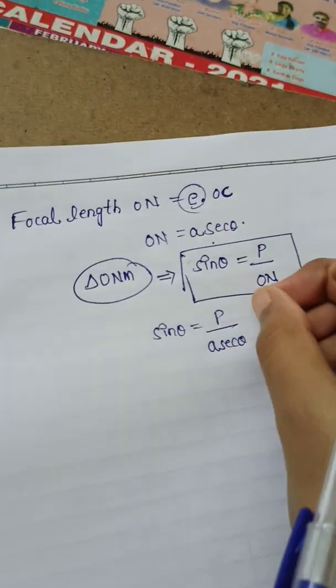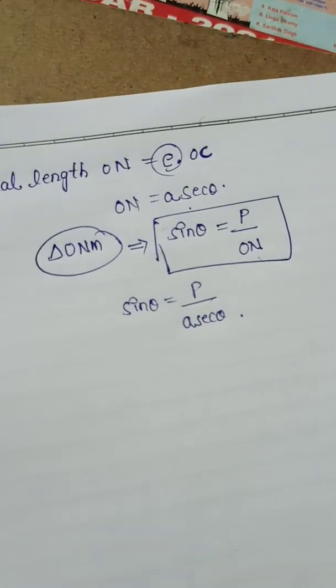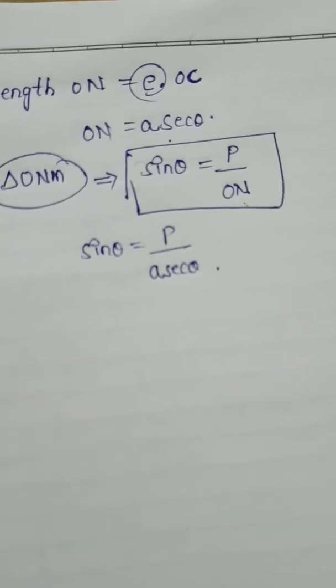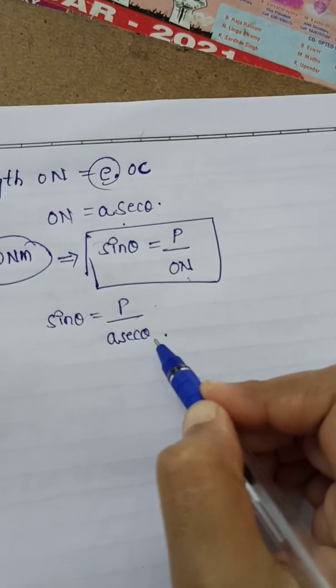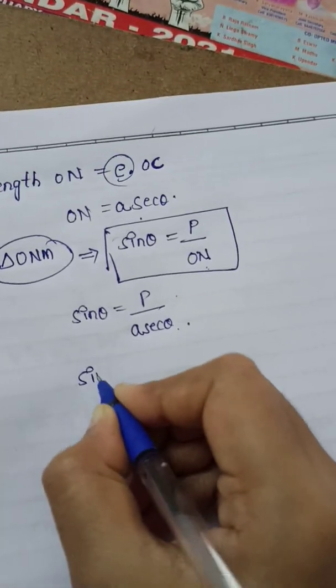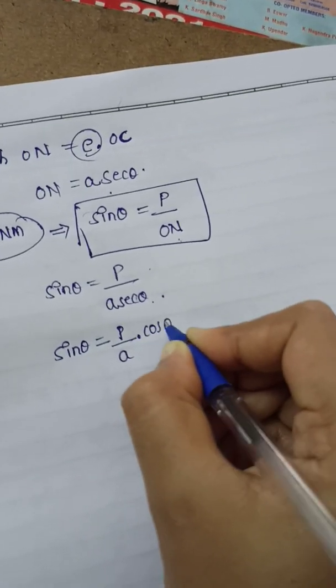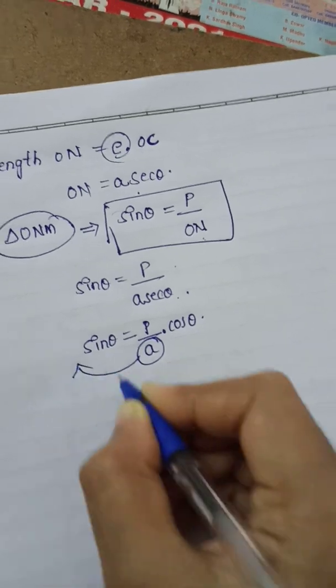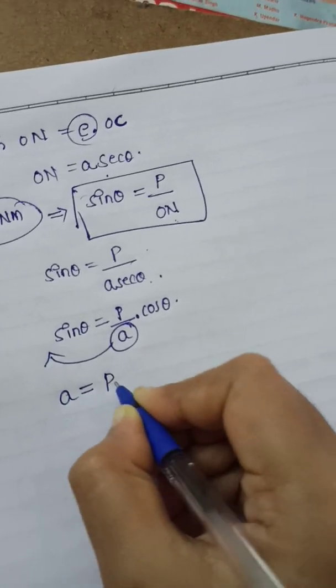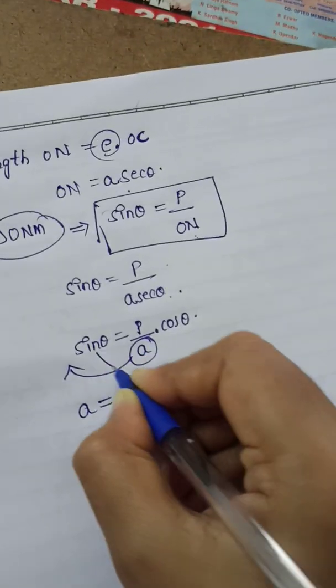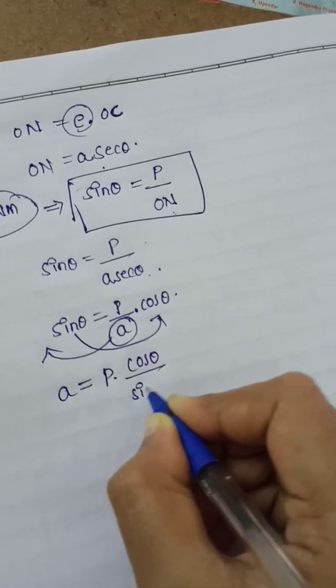See here, 1 by sec theta is equal to what? Cos theta. So sin theta is equal to p by a, 1 by sec theta is equal to cos theta. I want the value of a. Take a on the left hand side. a is equal to p into cos theta by sin theta, taking sin theta to the right hand side. Cos theta by sin theta is cot theta.